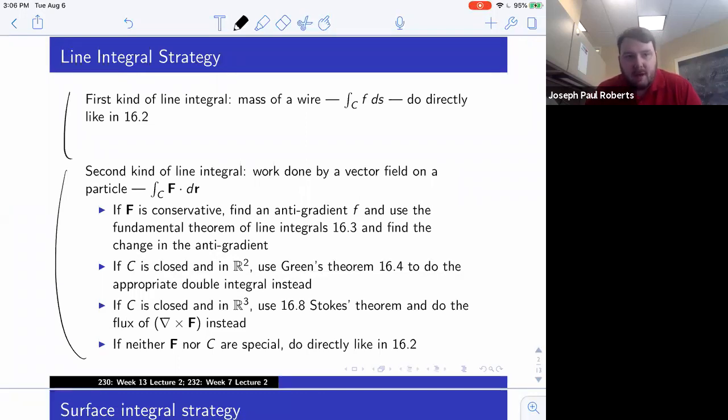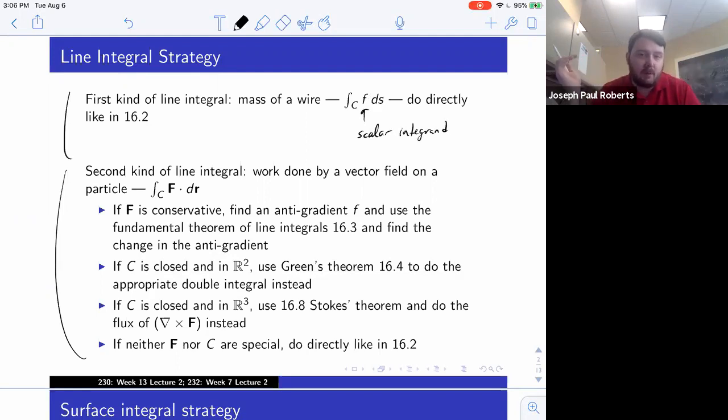So for line integrals, the first kind of line integral, remember, you have a scalar integrand. And we had this notation d little s. What that did for us was calculate the mass of a wire. So for example, let's say you have a wire that's made out of some mixture of aluminum and lead, and different parts of it have varying amounts of those different metals.